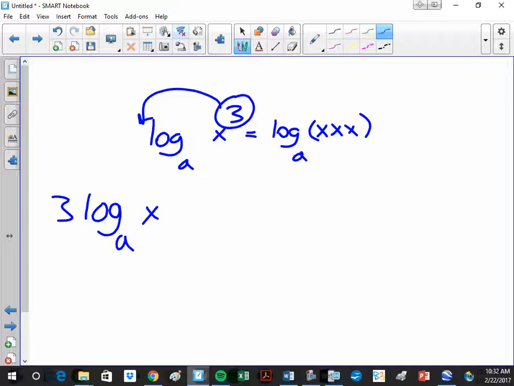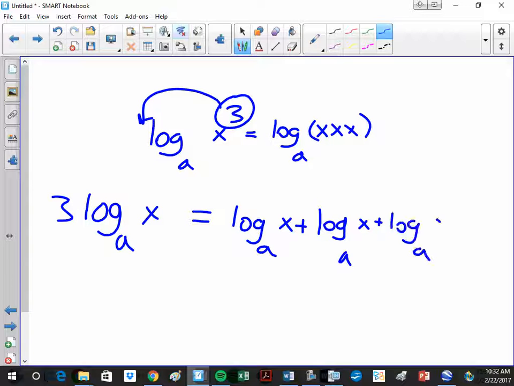And how do you split this? How do you split log base a of x, x, x using the product rule? So log base a of x plus log base a of x plus log base a of x.